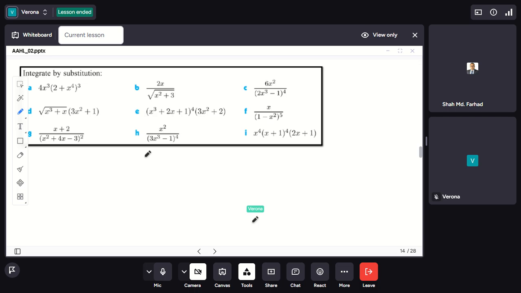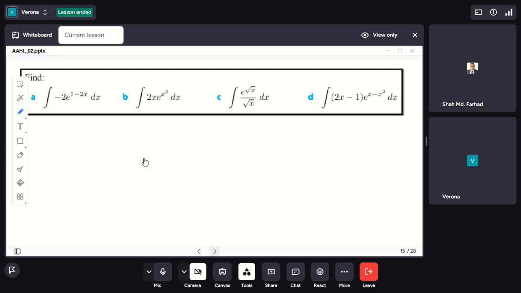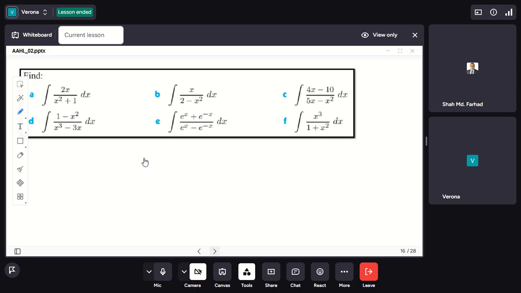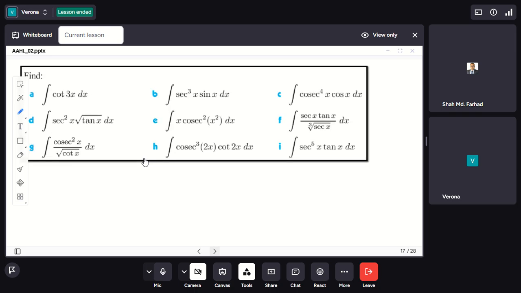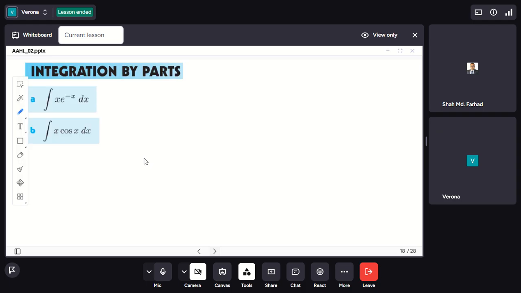So in our next class we will discuss the substitution method, or integrating by parts. Then you have to do these also. You will have so many home tasks for the integration by substitution method. Then we'll move to integration by parts.